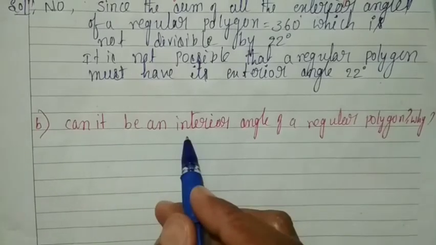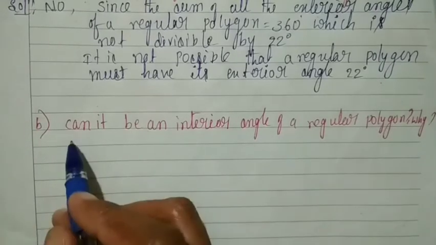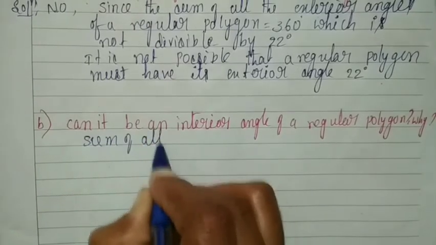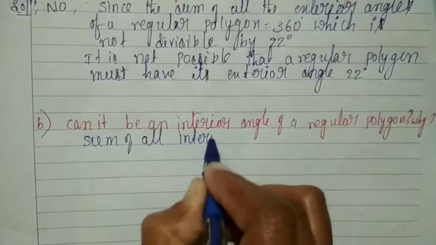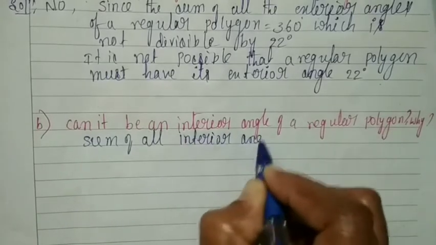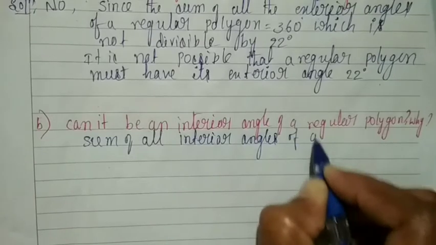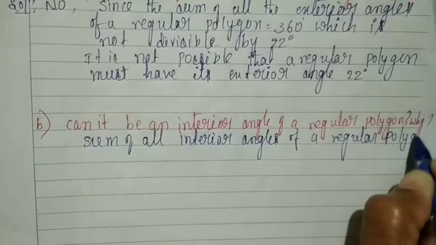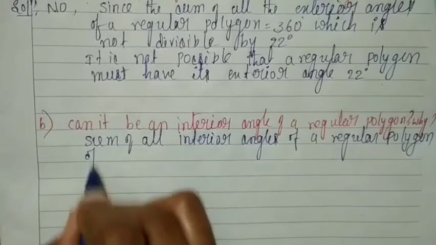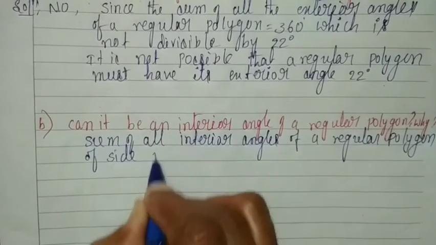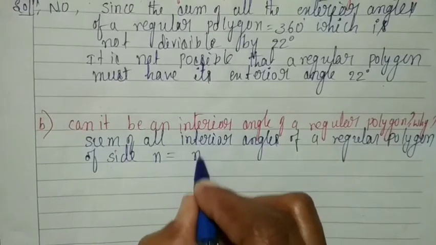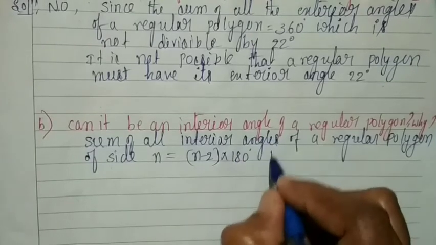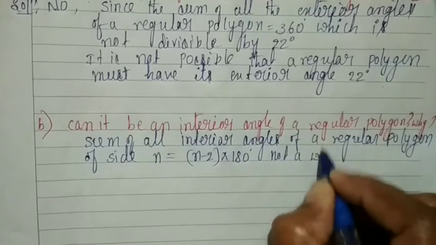No. Sum of all interior angles of a regular polygon of side n is equal to, you already seen, n minus 2 into 180 degree. Not a whole number.